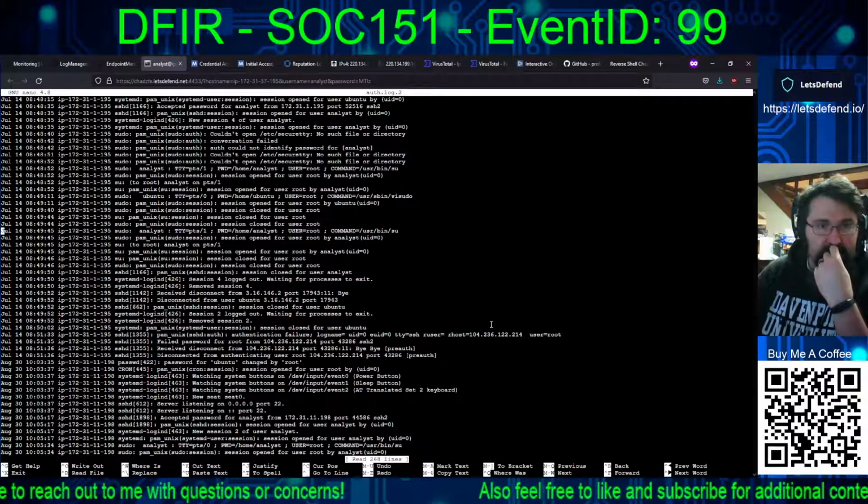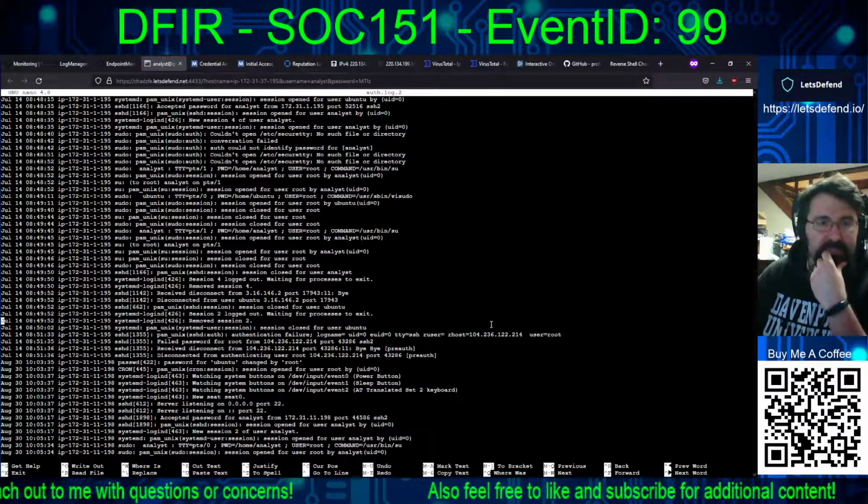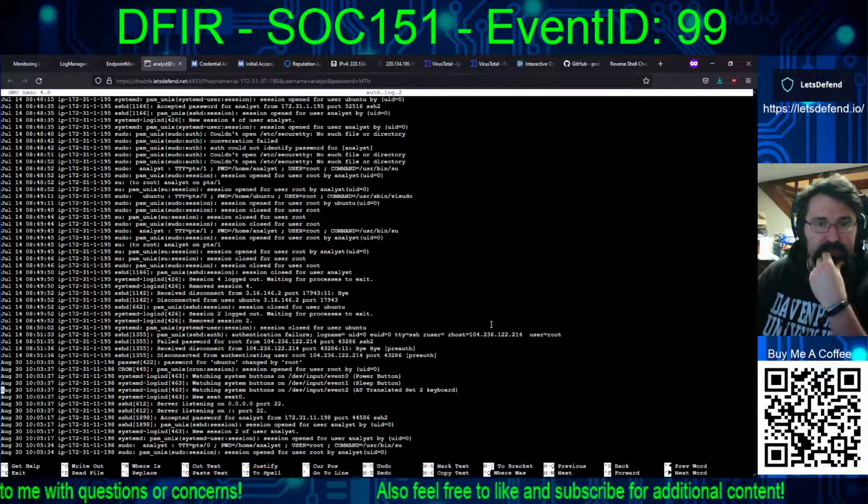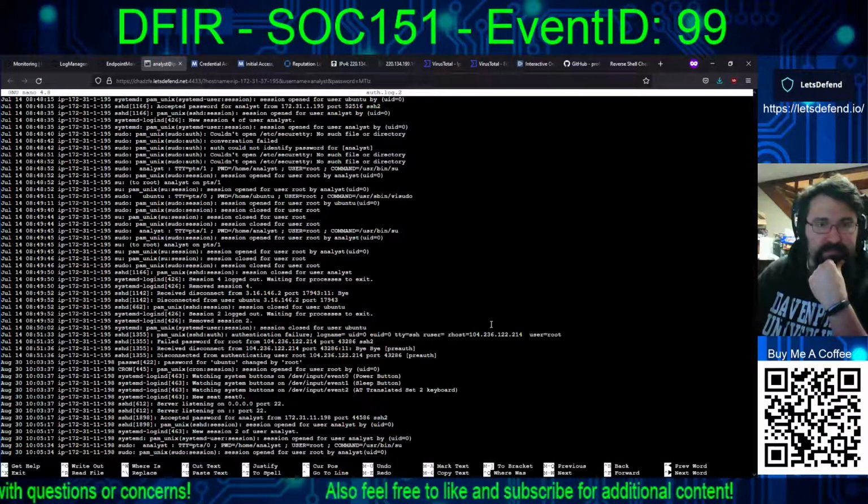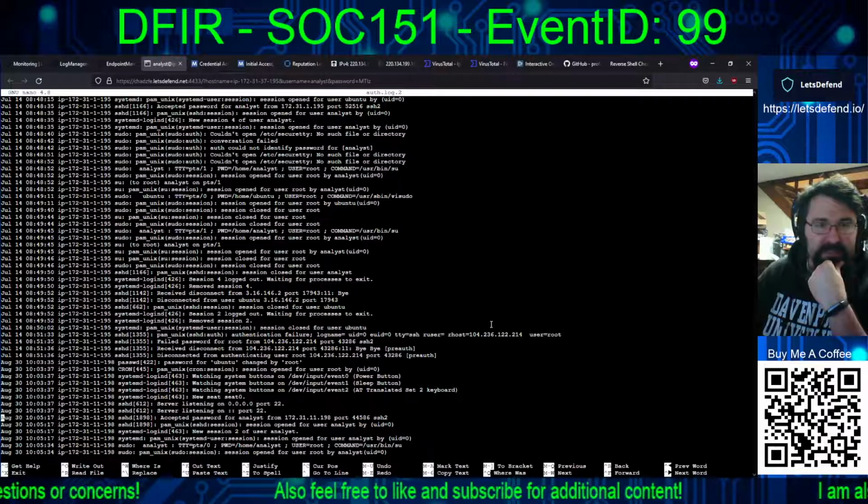Okay. Password for Ubuntu changed by root. Accepted password for Analyst.